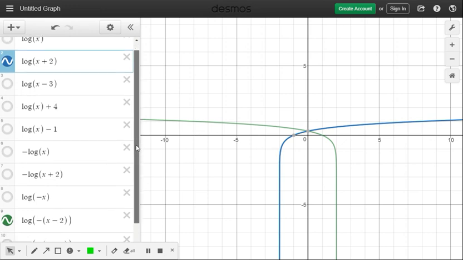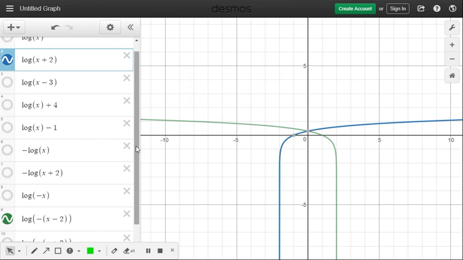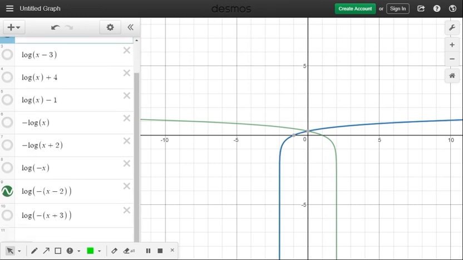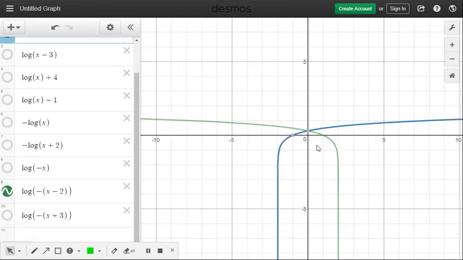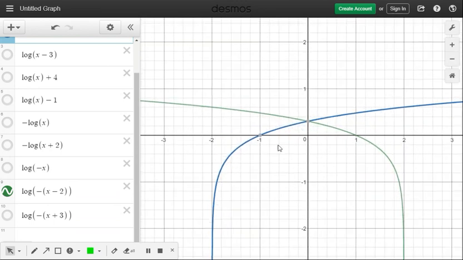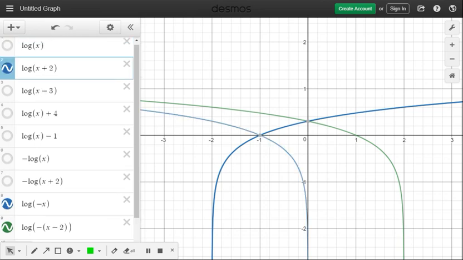Now, the reason we have for the green graph negative of x minus 2: if we distribute the negative, it becomes negative x plus 2. So it's similar to this one, x plus 2, but this time the negative is only on x. But the reason we keep this format, negative of x minus 2, is because if we were just negative x, which I'm going to bring back as the blue graph, let me turn off the other one.